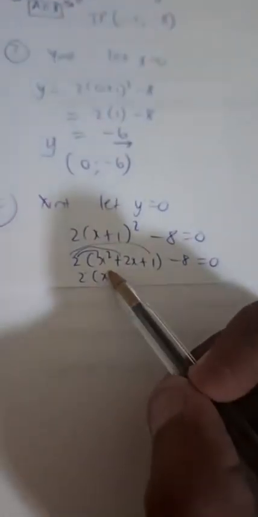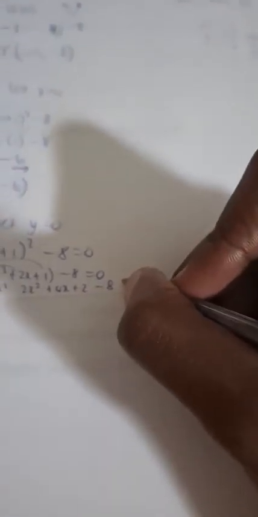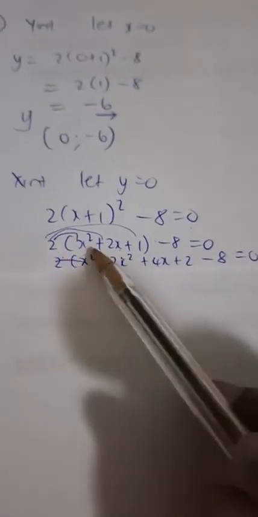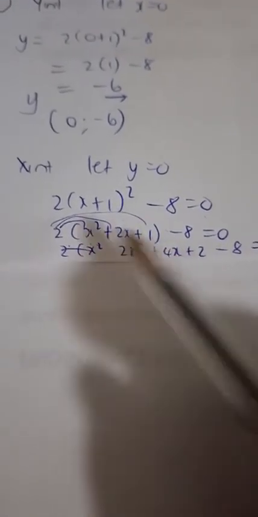Then I can solve by distributing the 2 to the x squared, to the 2x, and to the 1. Okay, so I get 2x squared, 2 times x squared is 2x squared, 2 times 2x is 4x, 2 times 1 is positive 2, then that minus 8 was a constant term.